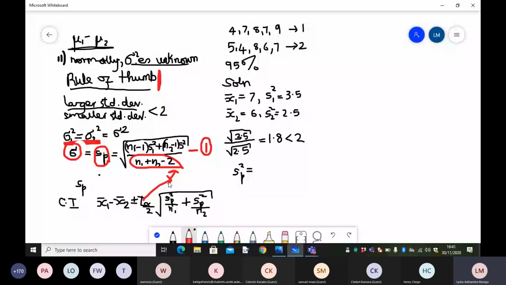And actually, if we look at equation 2, what we need is the pooled sample variance. So let us just calculate SP squared.